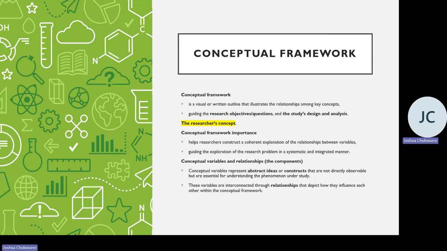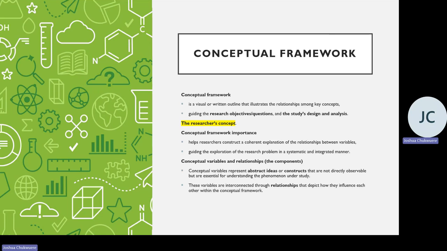Very important, because I've seen many times when researchers put all these things in their studies without any link to their research objective. That shouldn't be the case. So any theory that you build, try to build those components of that very theory, link them to each and every objective of yours, guiding the exploration of the research problem in a systematic and integrated manner. You can now see that your research problem can have a comprehensive flow.